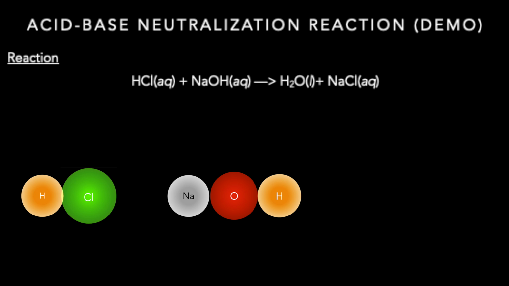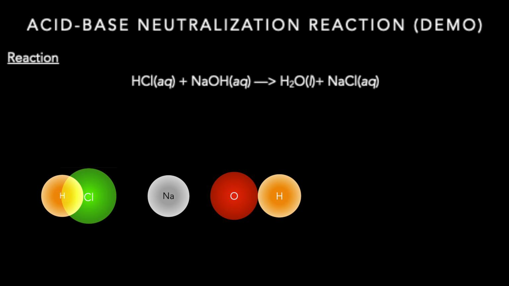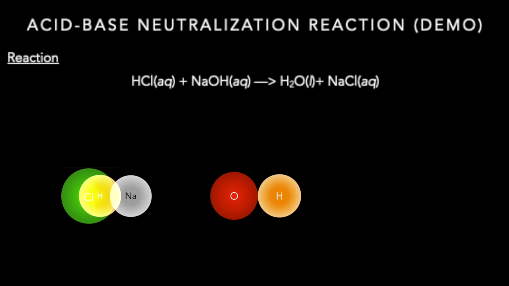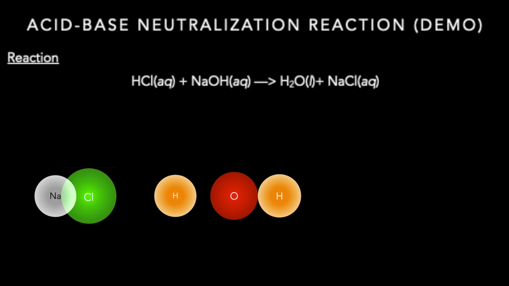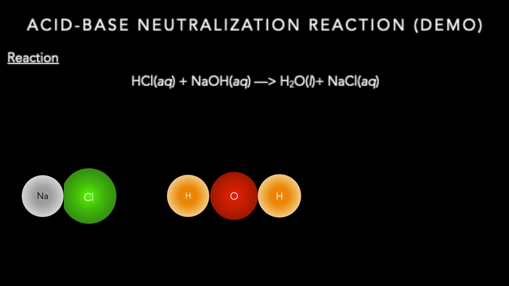The hydrogen, which is the cation for HCl, will switch places with the other cation of the other species, which is NaOH. As this partner swapping occurs, we now form pure water and a salt, in this case table salt. We now have a completely neutral solution of water and a salt. Again, why we call this an acid-base neutralization reaction.